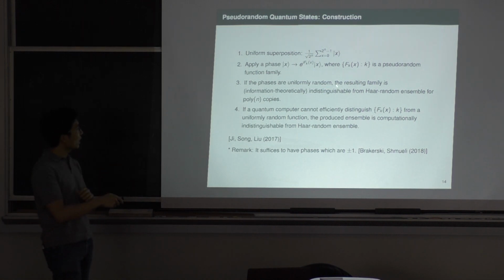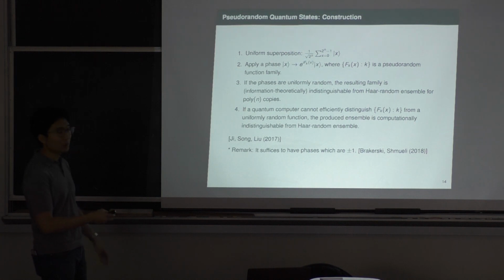Let's say I apply these pseudo-random phases, and I have good reasons to believe that even a quantum computer cannot distinguish these pseudo-random numbers from truly random numbers. If you can somehow distinguish this state family from a Haar random state, then you would run into a contradiction. Because there is a very concrete test in which you can distinguish the pseudo-random numbers from the truly random numbers.